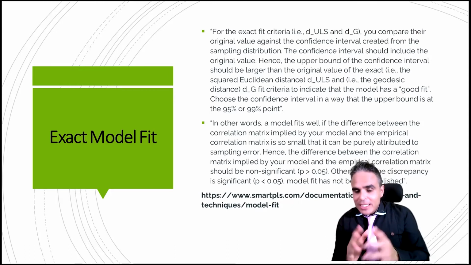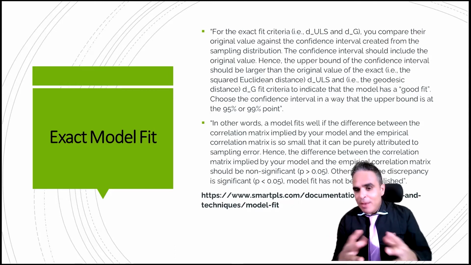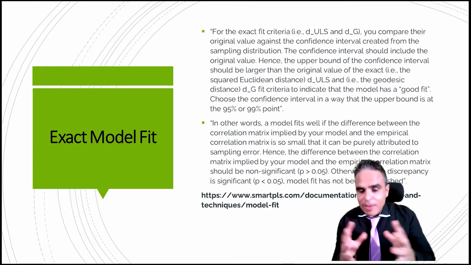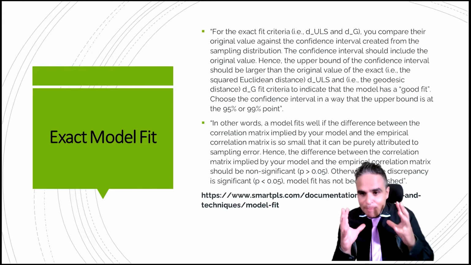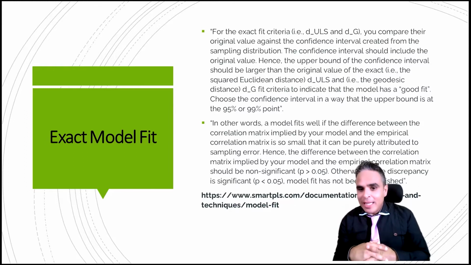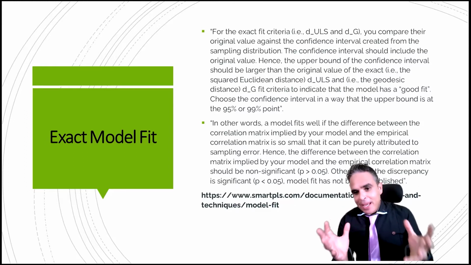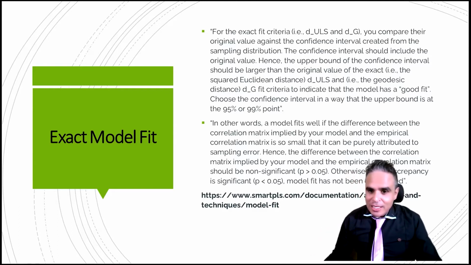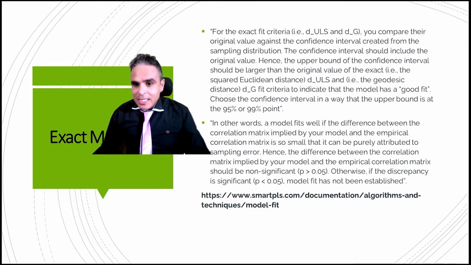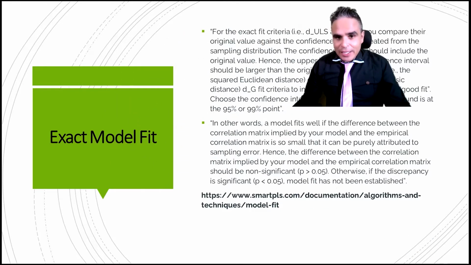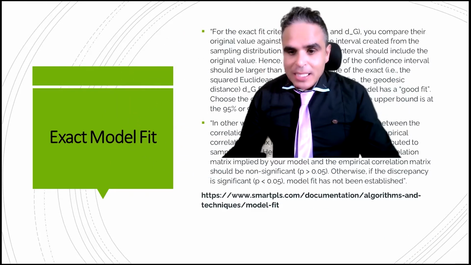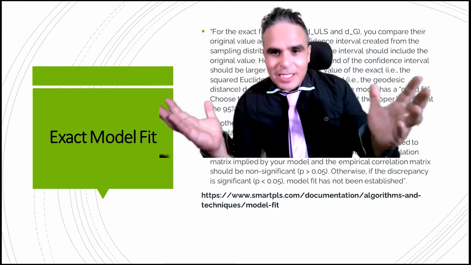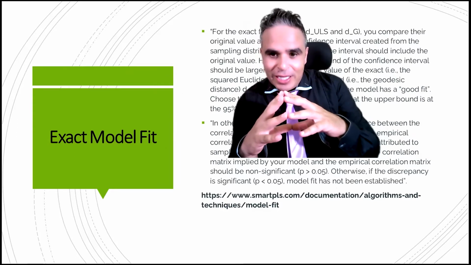The smaller it is, the more you can claim a good model fit. The difference should not be significant, so larger than 0.05. Otherwise, if the discrepancy is significant, then we would say we're not establishing a good model fit in this regard.